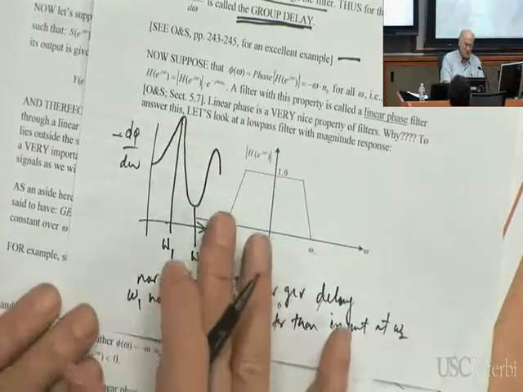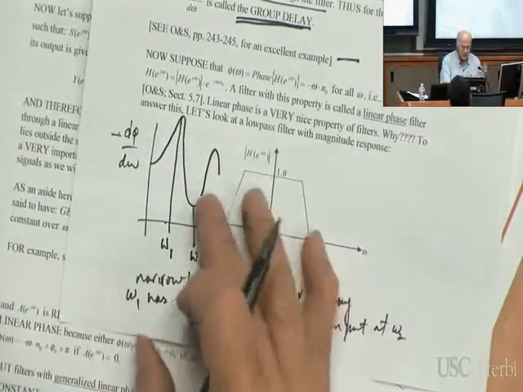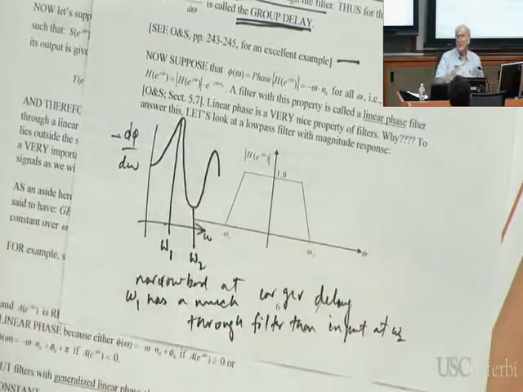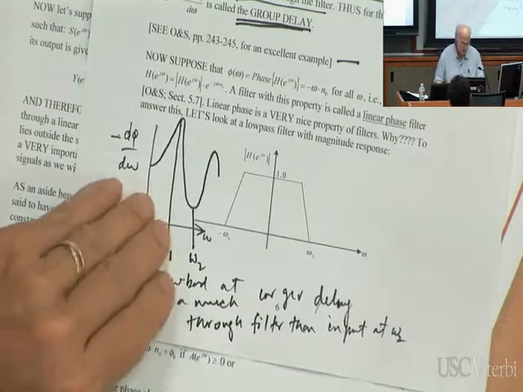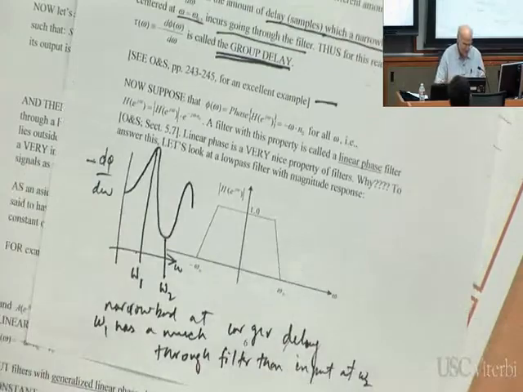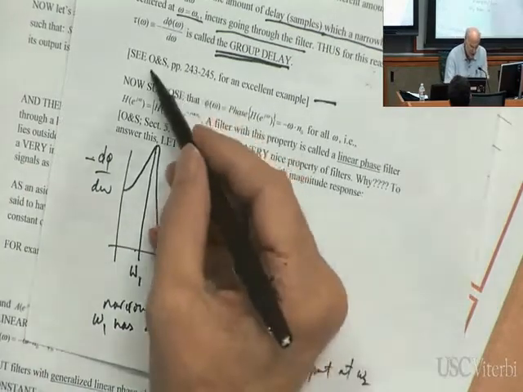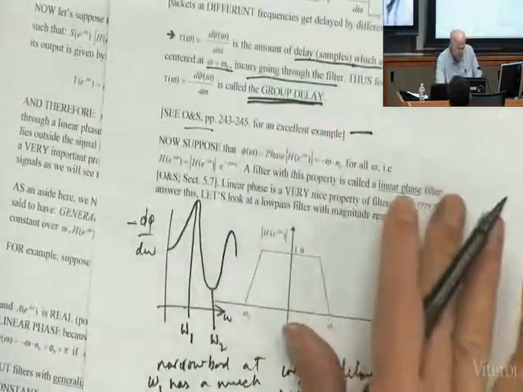And then there were other frequency components which came through very quickly, but they were attenuated by the filter itself, so you never even saw them in the output. It's a great example. I tell you what, I'll post it so you can see it. It's just an example, and it is in Oppenheim and Schafer. I couldn't find the equivalent example in our text.